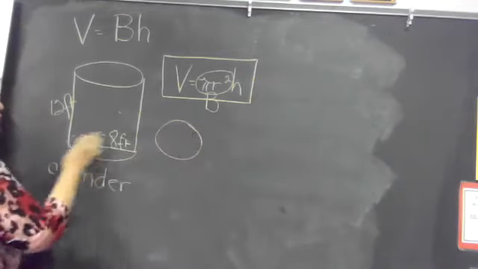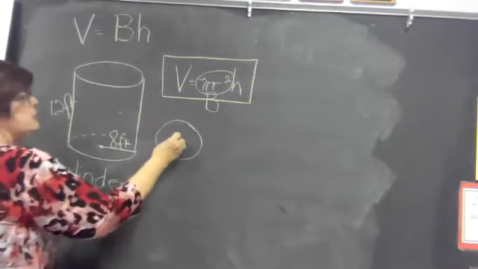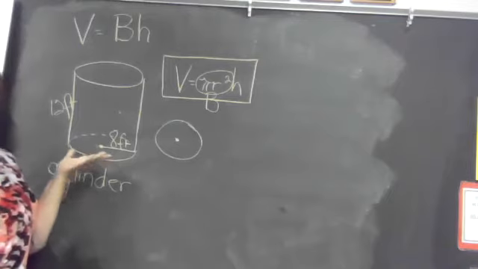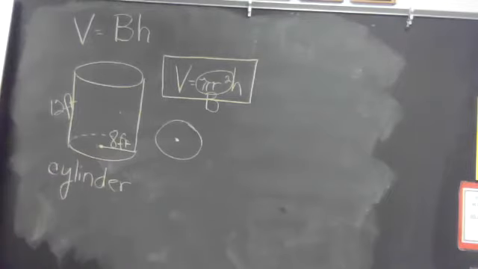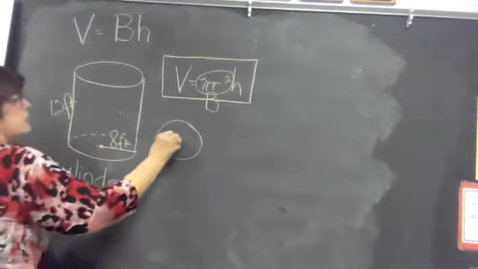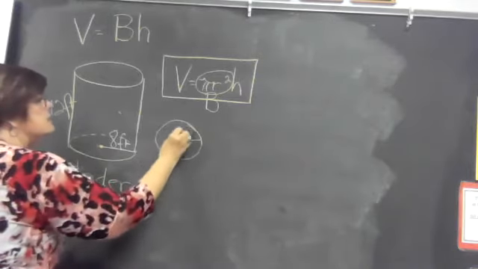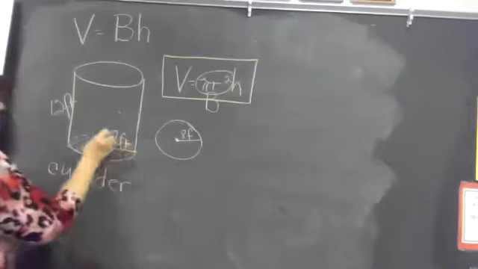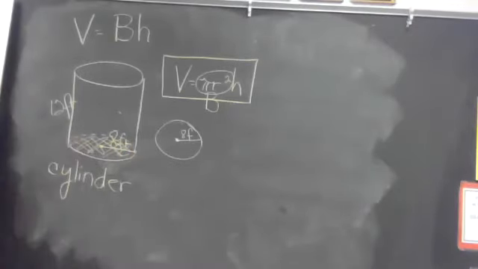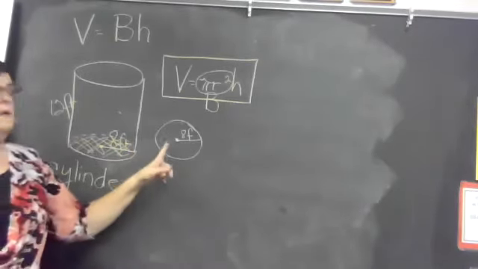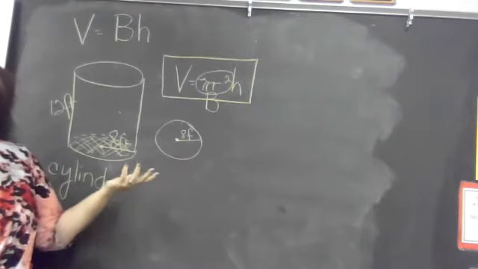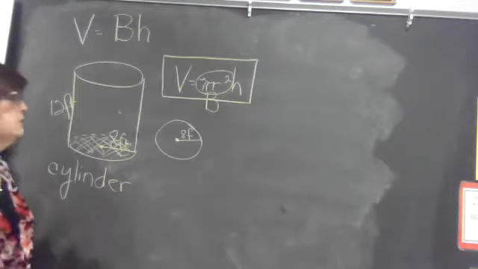Here it kind of looks like an oval, but that's perspective. So this is actually what the bottom of this can looks like. All right? And then the measurement on here is 8 feet. That's this base right here. Okay? So we know that we have to find the area of the base, right? Okay, what's the area of a circle?